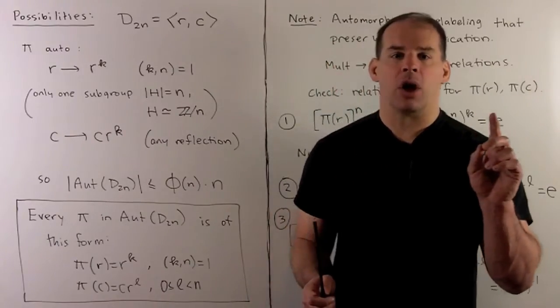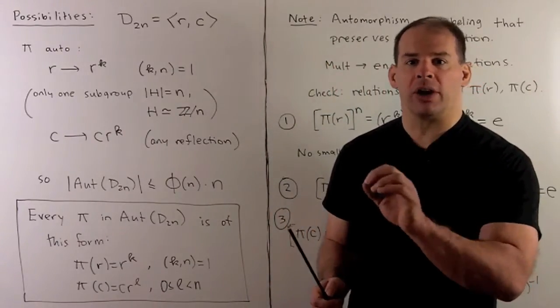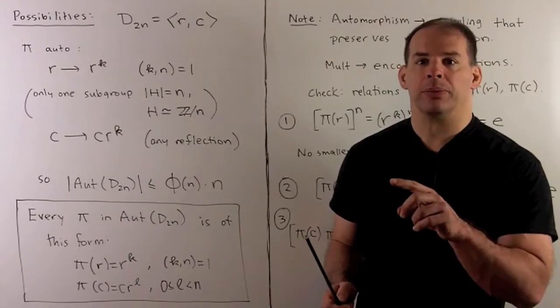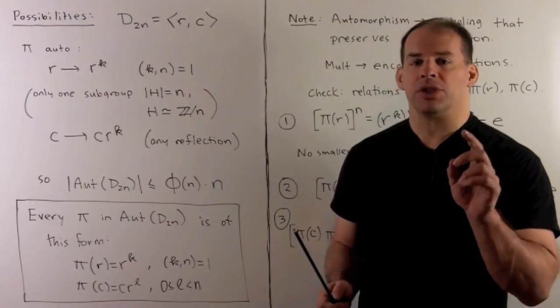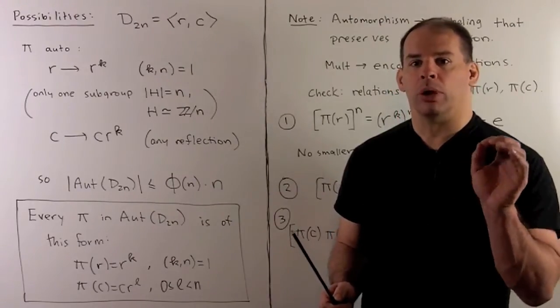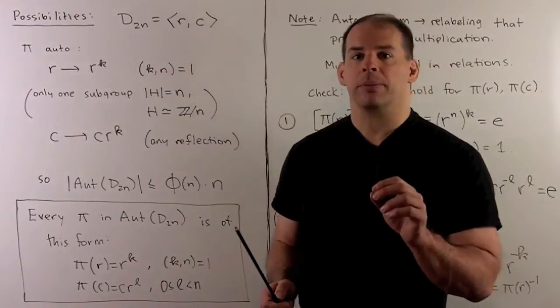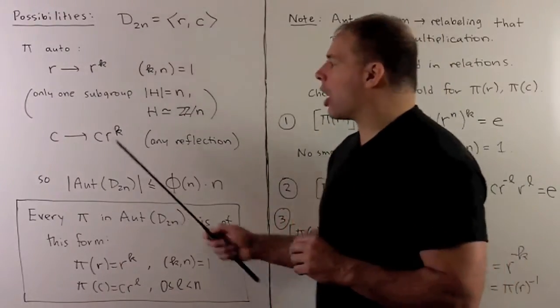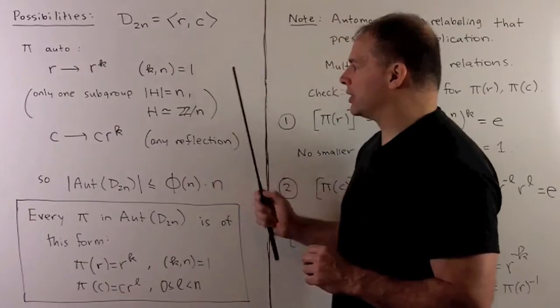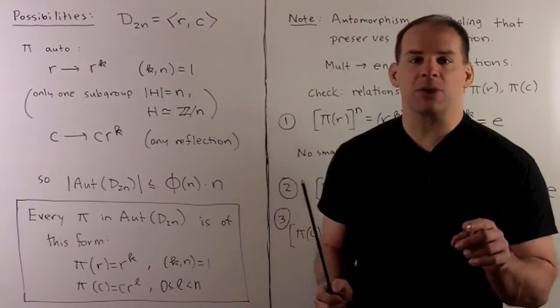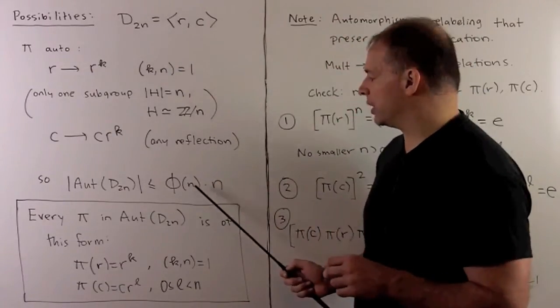So I need to send R to another generator of that subgroup. Now, our subgroup is isomorphic to Z mod n, so the automorphism group will be Z mod n star. That means R must be sent to some R to the k, where k and n are relatively prime. So that's where the Euler totient function comes in.